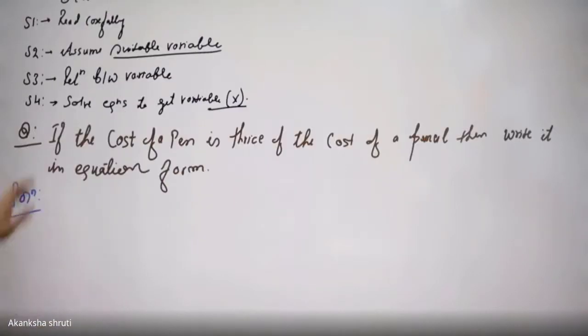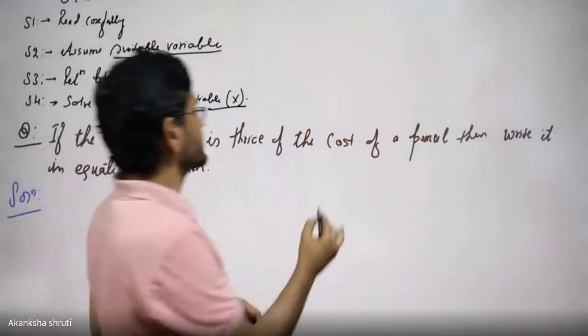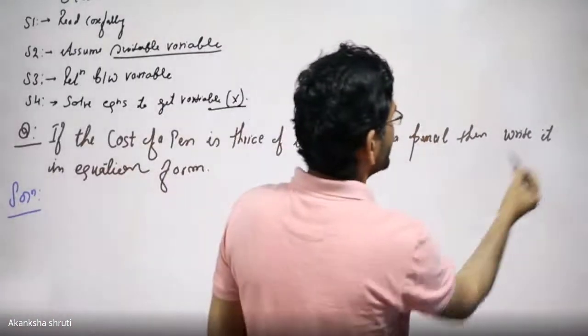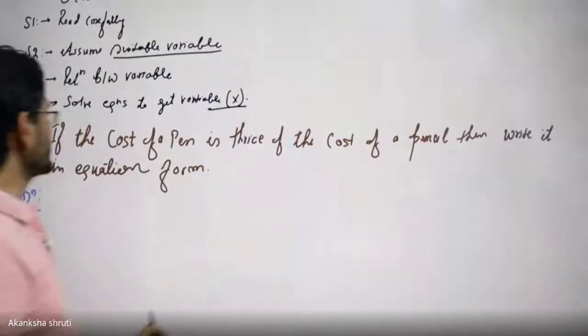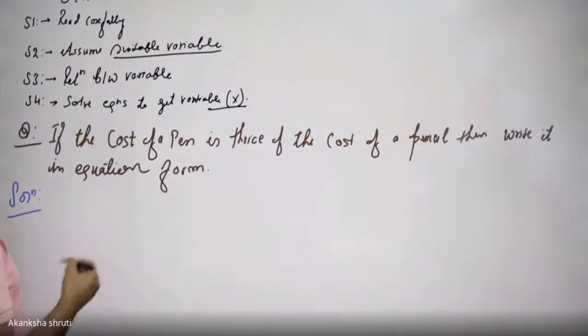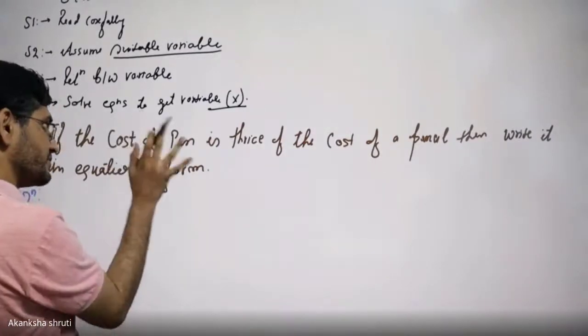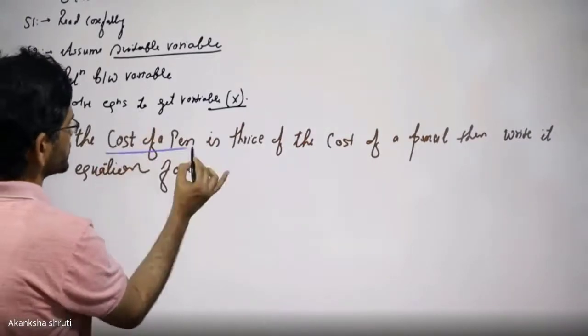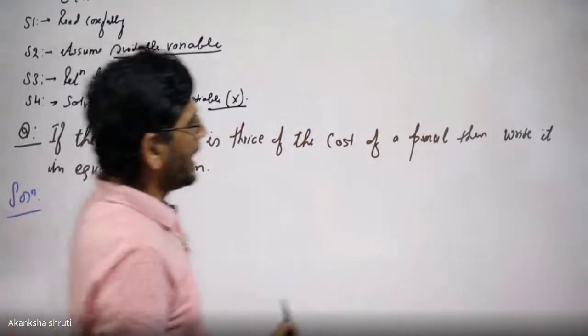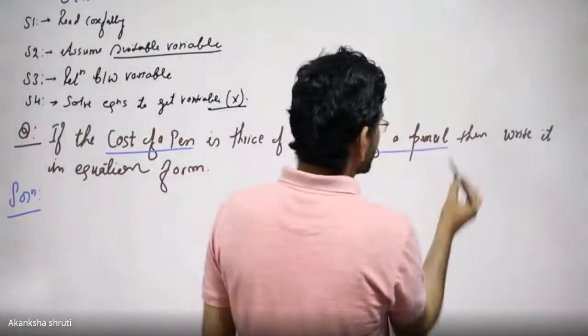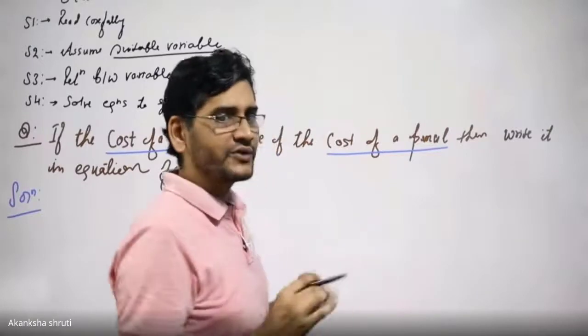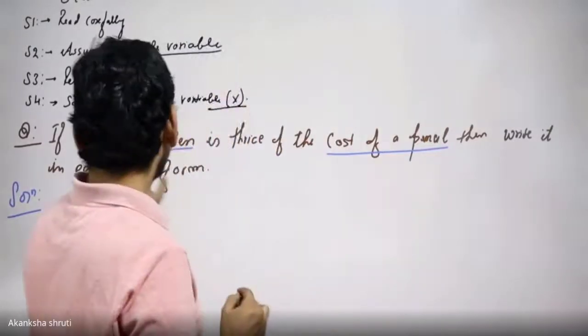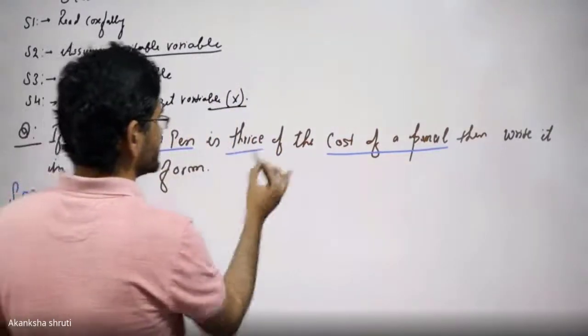Here we see that this is talking about the cost of a pen and the cost of a pencil. These are the variables. And here it is given that it is thrice.